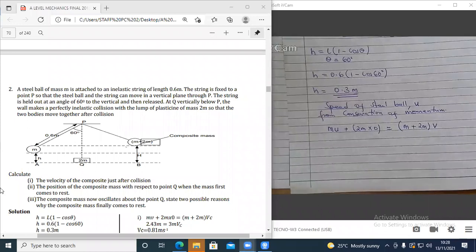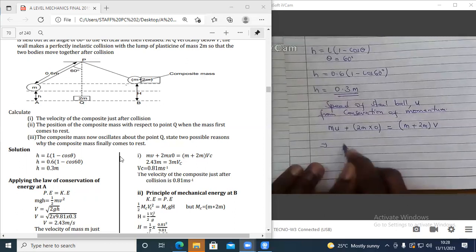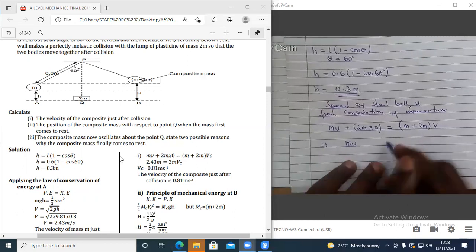But how do we find that common velocity? Let's first simplify this. We shall have mu equals 3mv.